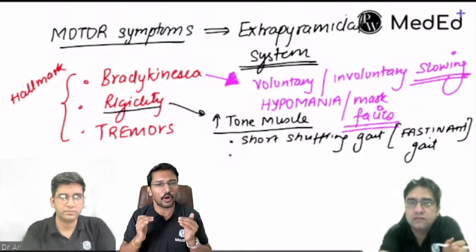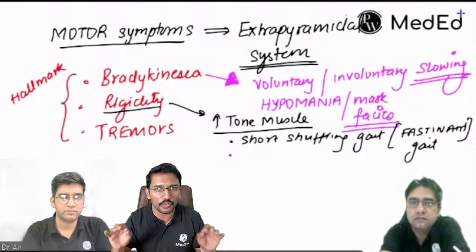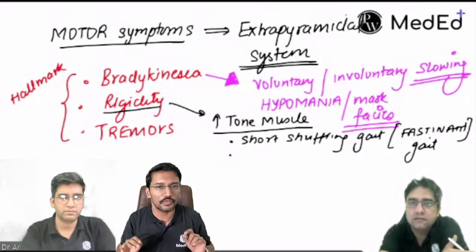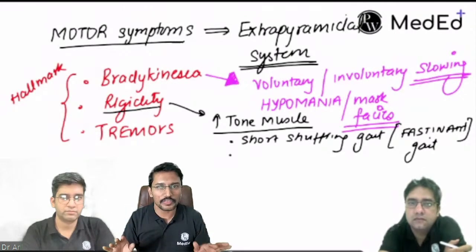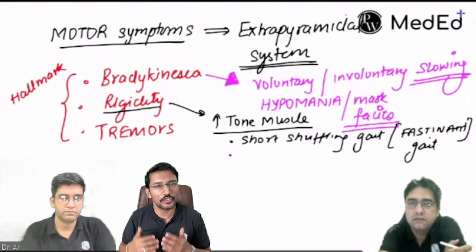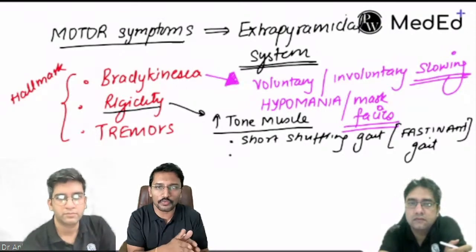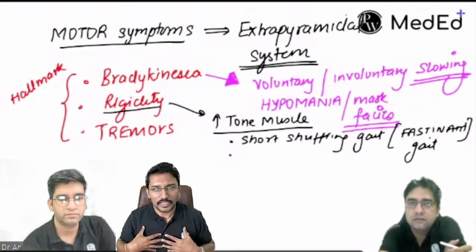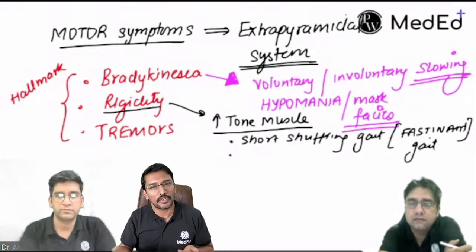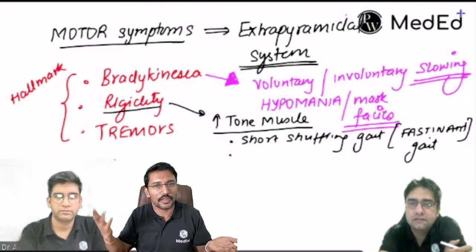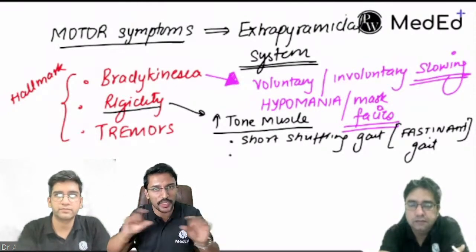How is it possible? All I have to do is make the patient lie down on a flat bed. If the patient lies down on the flat bed, I will look at whether the curvature of the spine disappears or it remains curved. If it is a true spinal deformity, it will persist. But if it is because of Parkinson's disease, increased muscle tone or rigidity is not so much that it can overcome the effect of gravity. So as soon as the patient is lying down flat, the gravity will take over and the bent spine becomes straight.